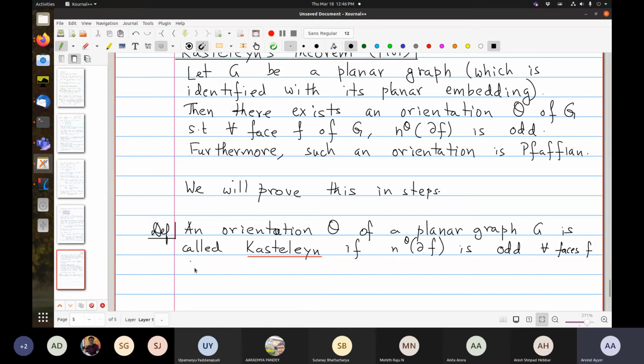This is counted in the clockwise direction, where the traversal is clockwise.